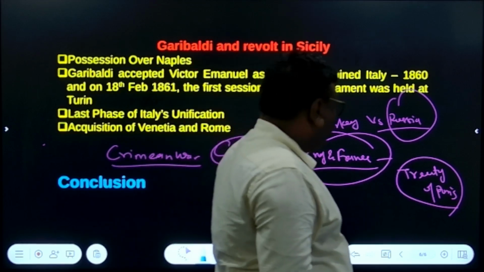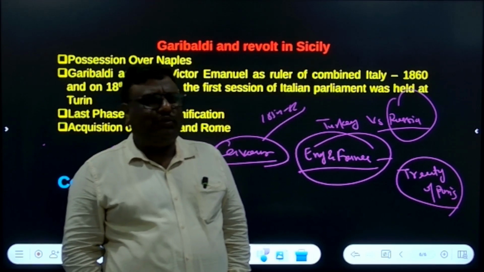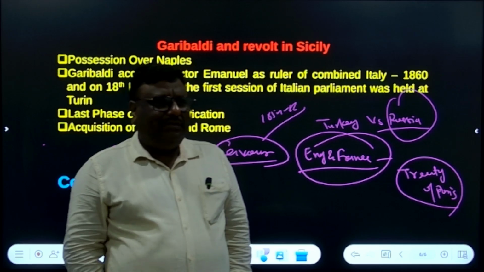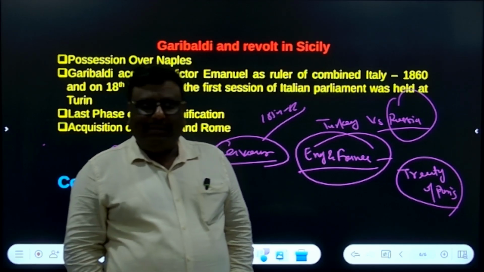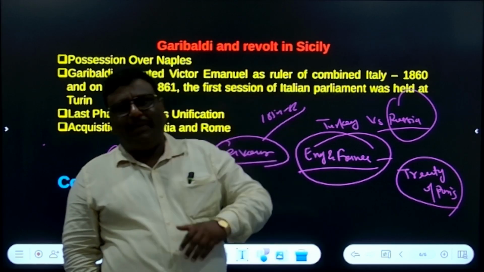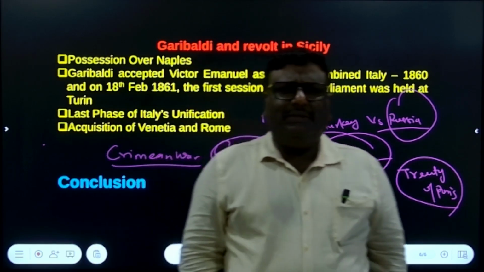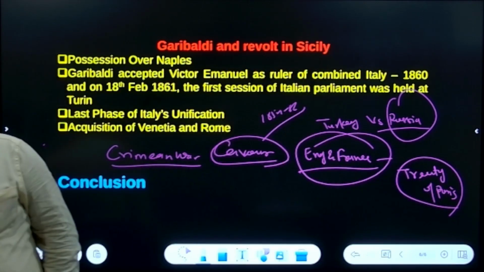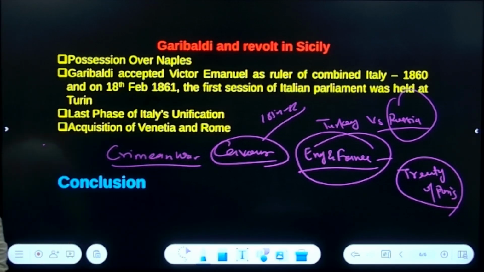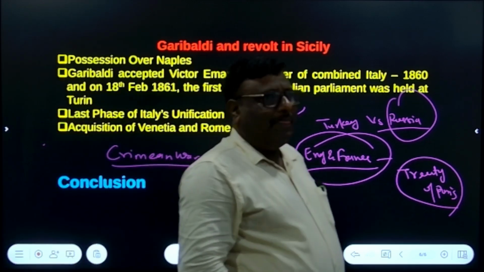Since he presented the miserable condition of the Italian people in such an impressive way and held Austria responsible for it, he earned the sympathy of France, England, as well as some other European powers. Therefore, it is stated by some scholars that Italy took birth from the mud of Crimea.